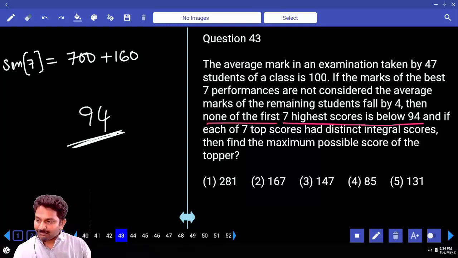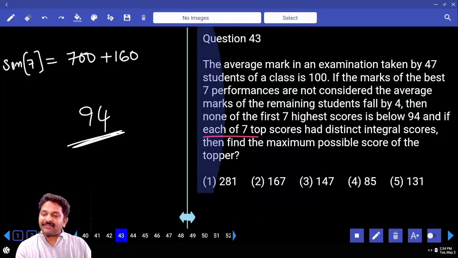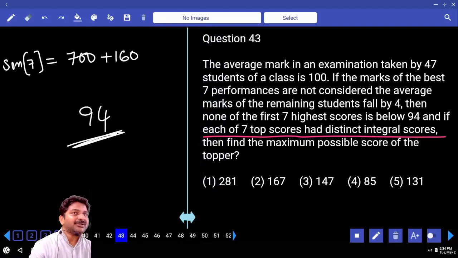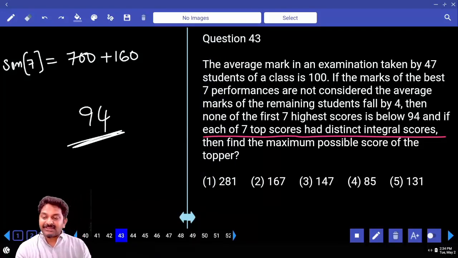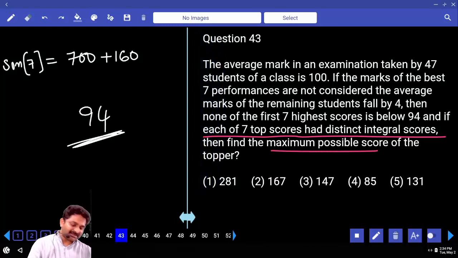Got it? Continue. Each of the 7 top scores had distinct integral scores. That means all 7 numbers are different. And the question is about the maximum possible score of the topper. Topper in the sense there is only one person among the 7 members. And for the topper, are we expecting a maximum value or a minimum value? Maximum value.